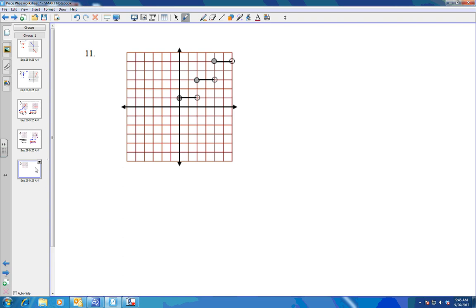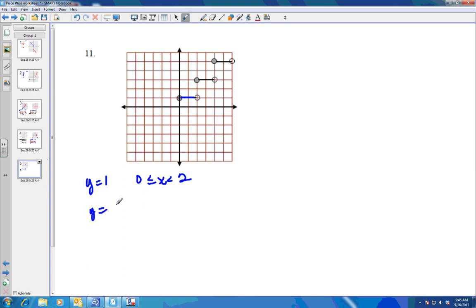These are actually not too bad because they're horizontal lines. All right, let's do our blue one first. So from here to here. That's the line y equals 1. And I start at 0 and I end at 2. Now I have is also equal to at 0 because it's closed, open at 2.